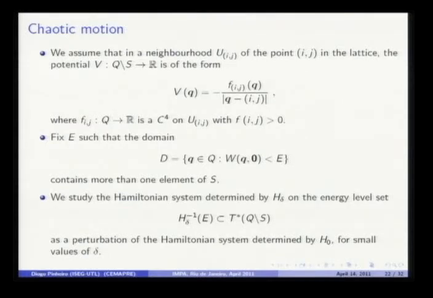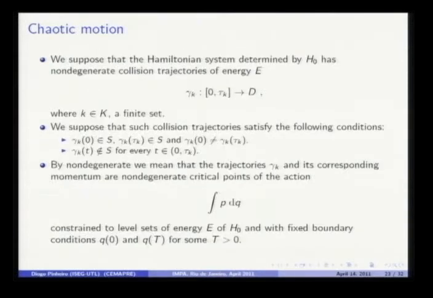Now, we fix the energy large enough so that this set D contains more than one point in the lattice, so that we are able to build these collision trajectories. And now we'll look at the Hamiltonian system H delta on each level set E of this form, satisfying this property, as a perturbation of the Hamiltonian system H naught. So now we suppose that this Hamiltonian system H naught has non-degenerate collision trajectories.